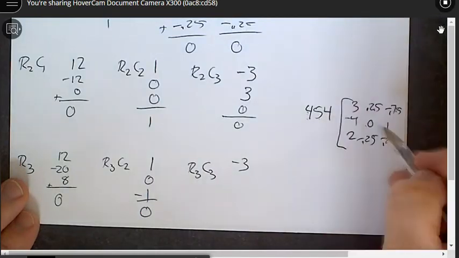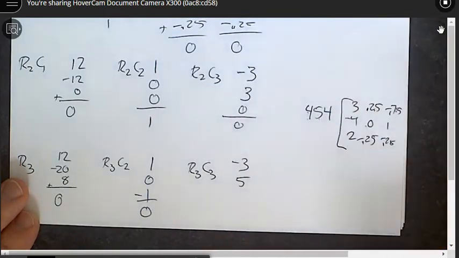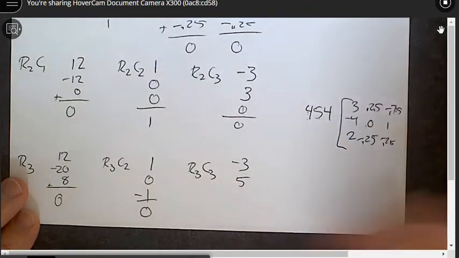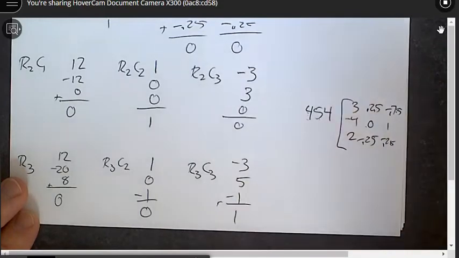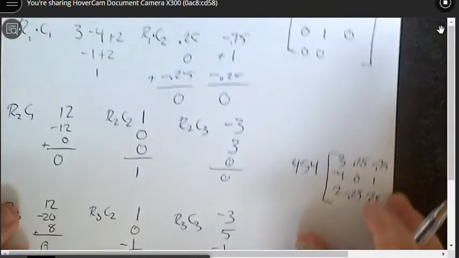We have 5 times 1, which is 5. And then 4 times -0.25 would be -1. That's 2 minus 1, which would be 1. Okay, so that one does come out to give us the identity matrix.